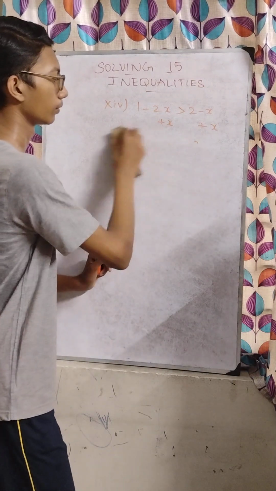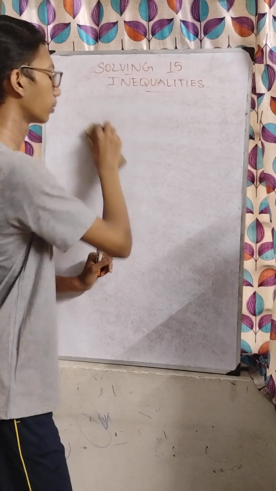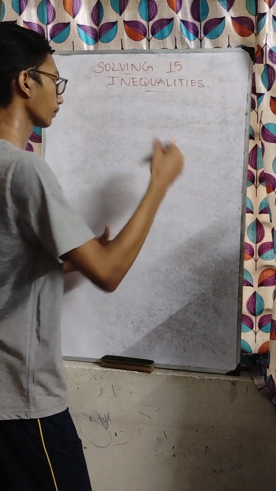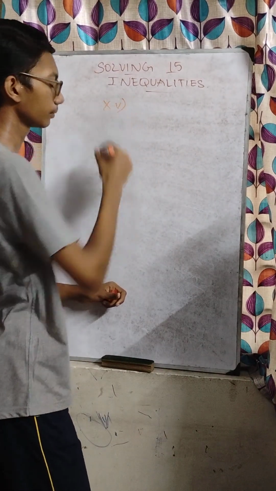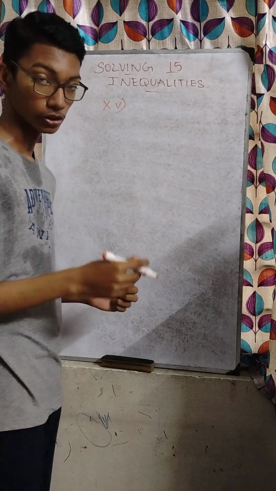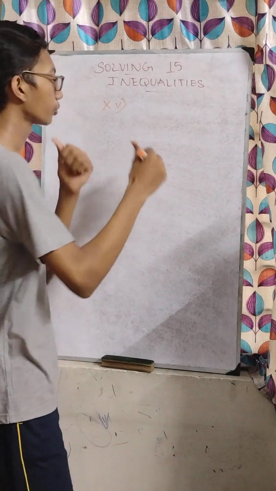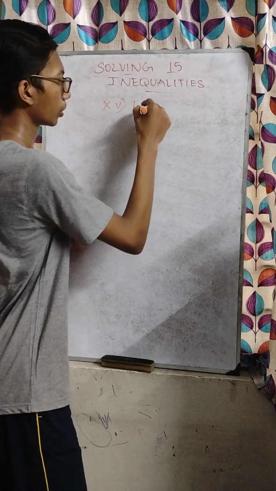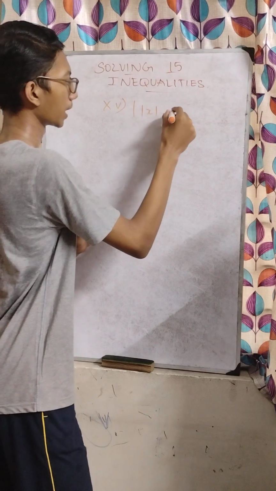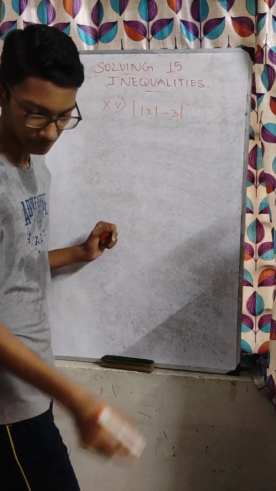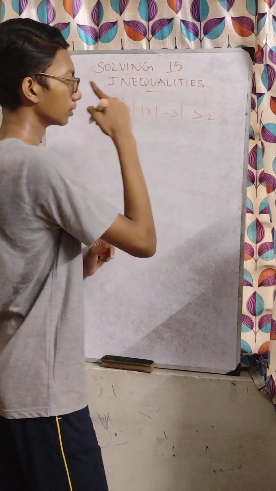So now we have come to the final problem, the 15th one. Okay, so now this is a very interesting problem because we have modulus of modulus x minus 3 is greater than 2.